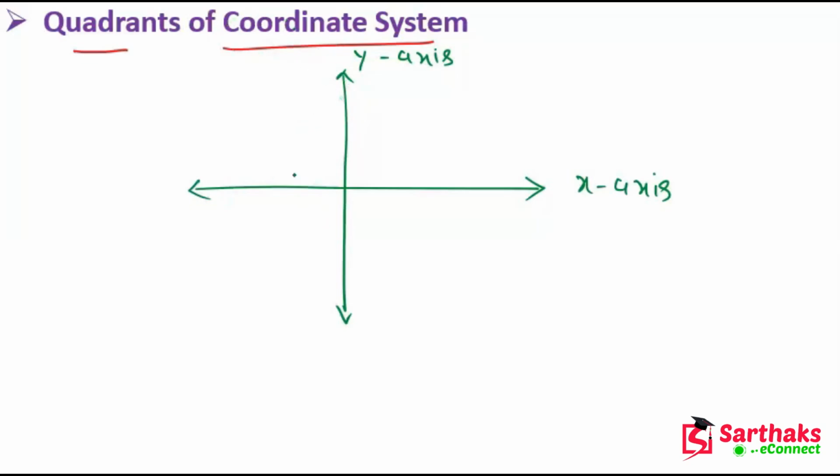So these coordinate axes are perpendicular to each other. These two coordinate axes divide the Cartesian plane into four quadrants.